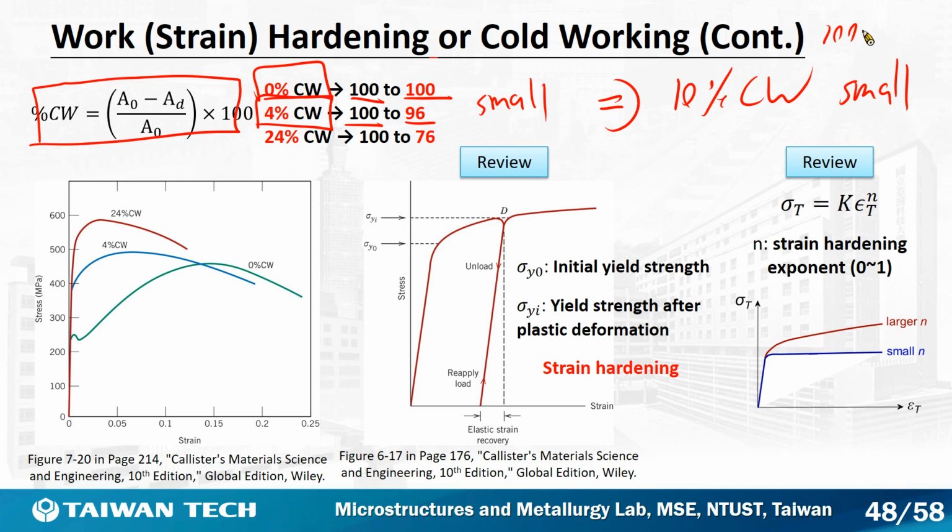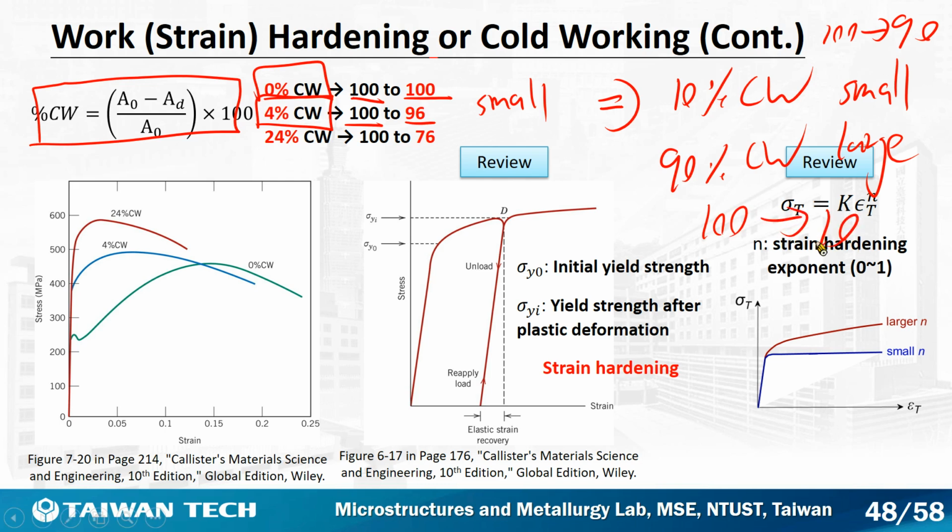It goes from 100 to 90. And 90% cold work is large. It goes from 100 to 10. Okay, so you must know that because for some materials, it will let you know the percent cold work of these materials. You must know that 90% is very high and 10% is very low.